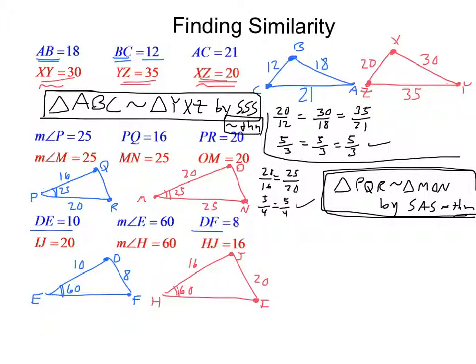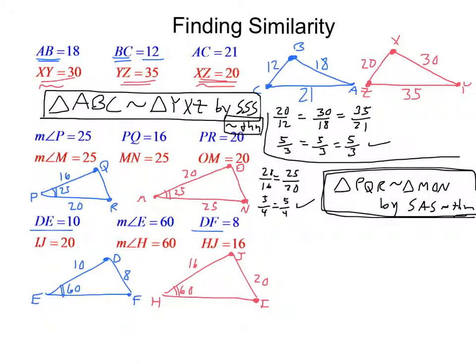So this one actually falls apart on a couple different accounts. Number one, in both of these, we don't have side angle side. We got angle side side, and that's not a congruency theorem. And number two, the 10 is matching with the 16, and the 8 is matching with the 20, so we don't have a common scale factor between them either.